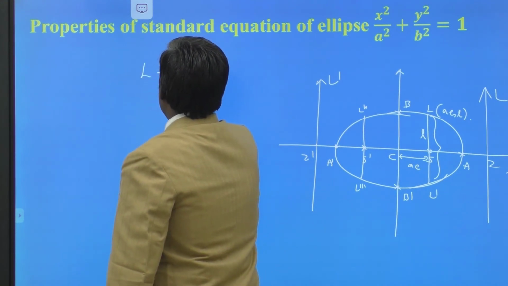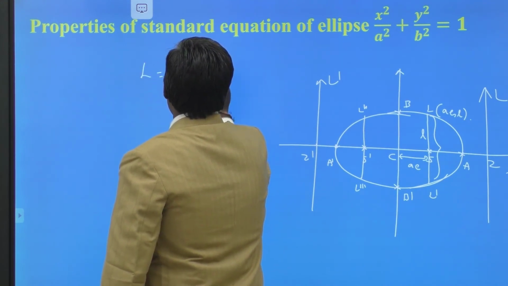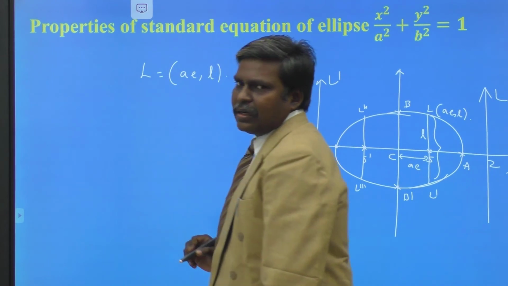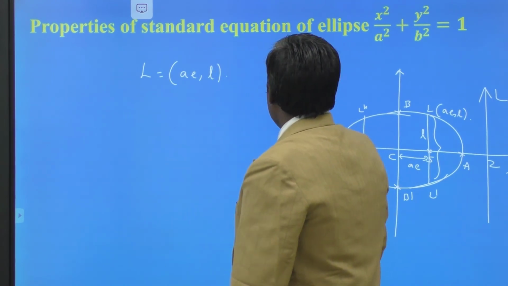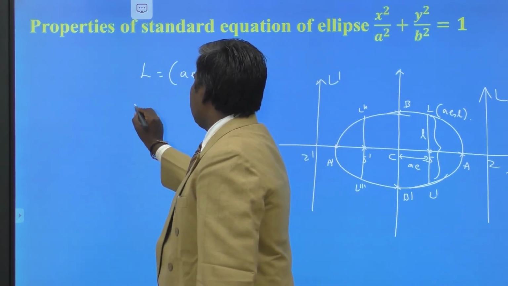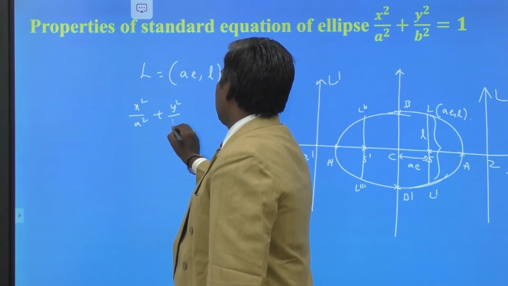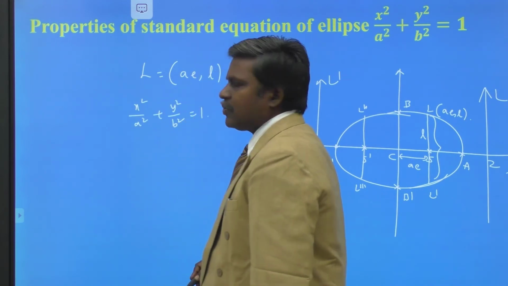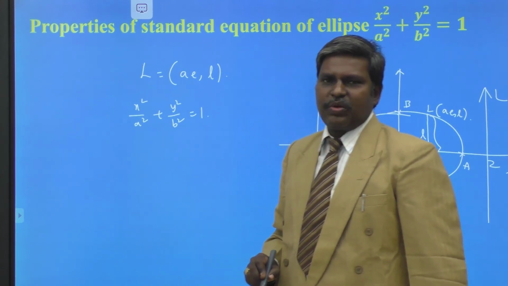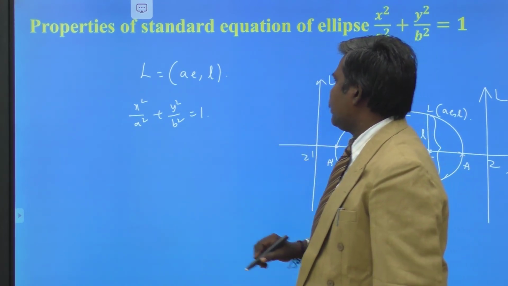Now, L is (ae, l). It lies on what? Your ellipse, that is x square by a square plus y square by b square equal to 1.